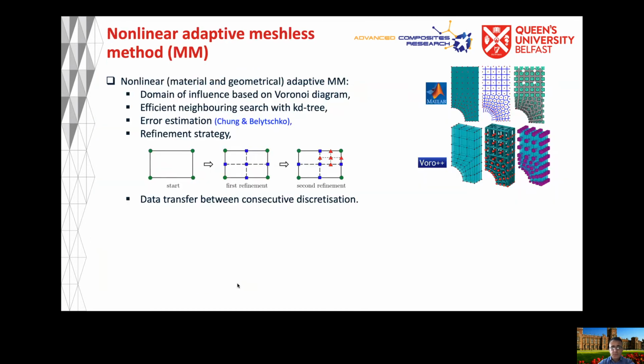Just to give you a brief idea of my research interests, I'm mainly working on developing new numerical techniques for problems, including solid mechanics problems. As you can see, I developed a nonlinear adaptive meshless method.